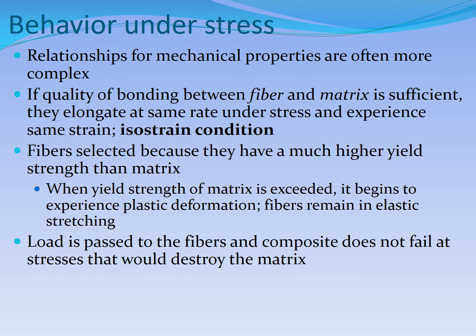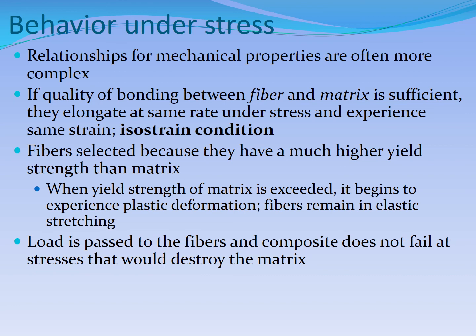You see, there is matrix, polymer, and we have lots and lots of threads or fibers inside. If the bonding between them is very good, then we assume now that this whole composite is one material. So it stretches or elongates at the same rate, right? Because the bonding between the fiber and the matrix material is strong.